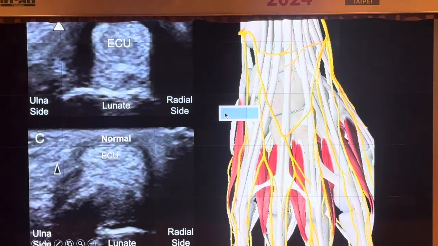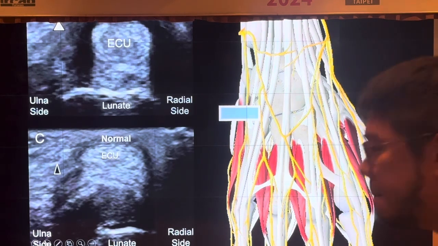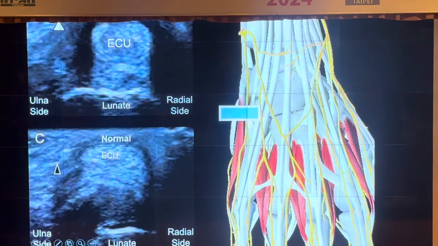So here, in this case, the patient complained of ulnar wrist pain, and then we used ultrasound to evaluate. Here you can find the retinaculum was thickened, as well as the tendon of the extensor carpi ulnaris. But if you pay more attention to the structure beside the retinaculum, you can find there is a swollen hypoechoic bubble beside it.